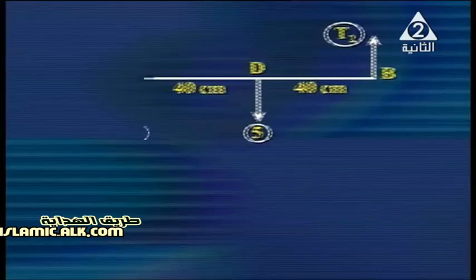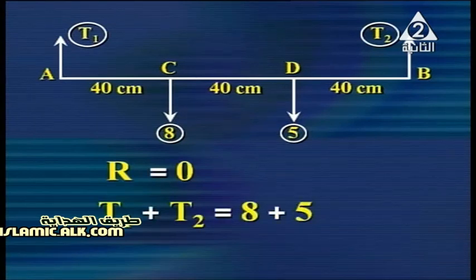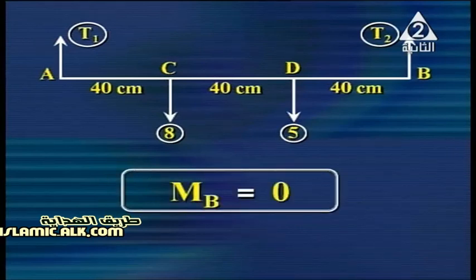Solution. Dear student, we have AB, a rod of length 120 centimeter. We have two weights, 5 and 8. We have two tensions, T1 and T2. By using the equation of equilibrium, T1 plus T2 equals 13, and we find the moment about B equals 0.